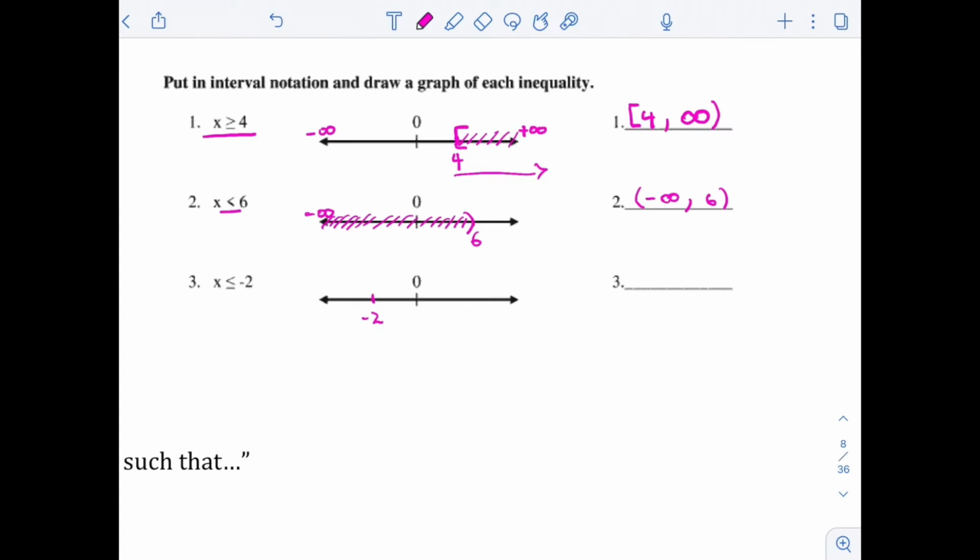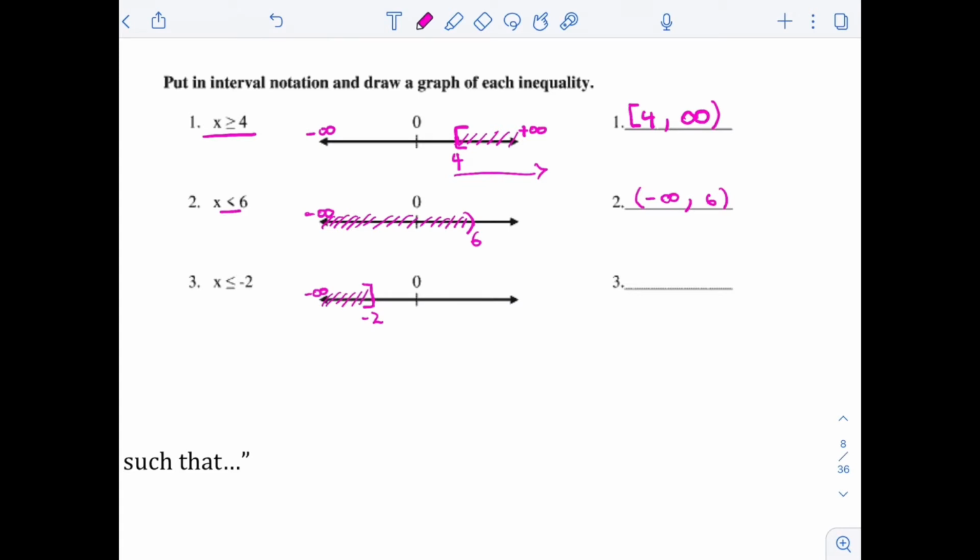Since it has the equal sign, you're going to use a bracket, and it looks to the left because it's less than. Now you shade from negative 2 all the way to negative infinity. And then you always read the number line from left to right.